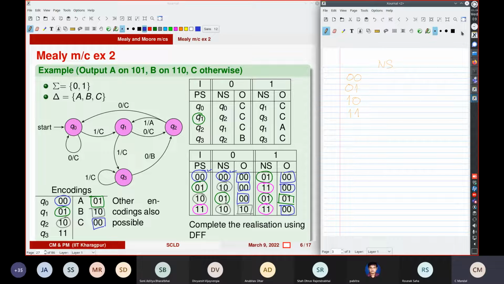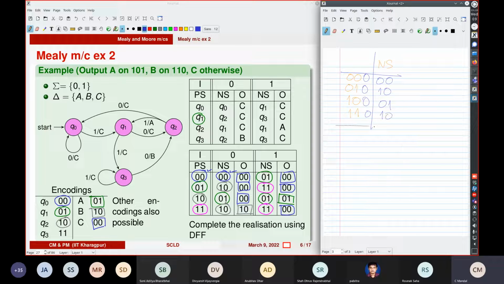If I put the input with, say, blue, here the input is 0. So what is the next state? These are your inputs, these are your outputs. So the output is, as you can see, 0, 0, 1, 0, 0, 1, and 1, 0.